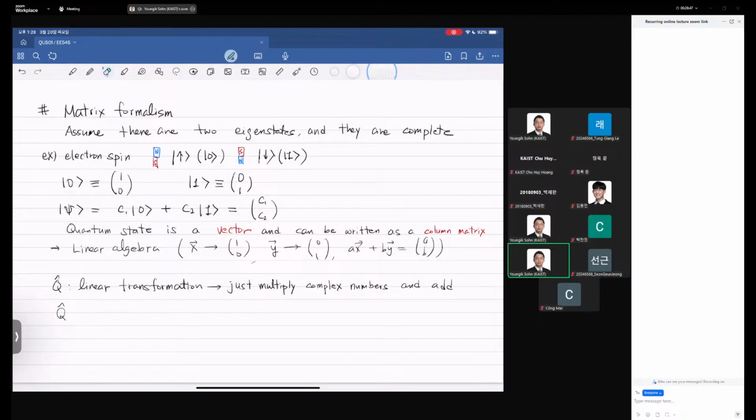Let's say I apply some operator q to psi, and let's say it becomes phi. Then phi is, let's say, this expression. In matrix language, I can express it as this, right?